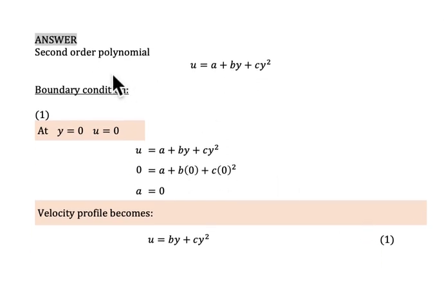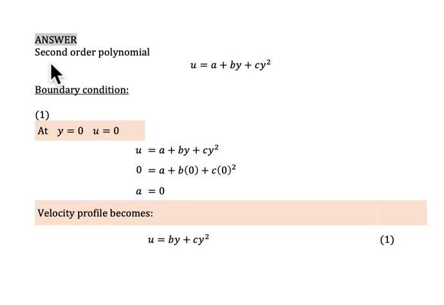Then you need to know how to write the basic equation for a second-order polynomial. This is the general form. You could write u equal a plus by plus cy squared. The maximum power in this equation must be 2.